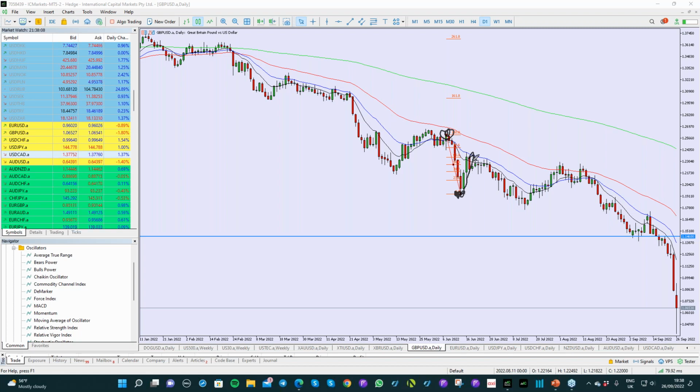Buyers might also come into the market at that point, and then I need to know, when do the sellers come back into the market and take control, because I want to get back into the next move to the downside.